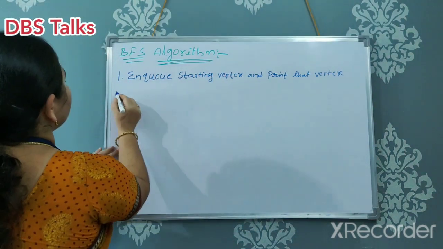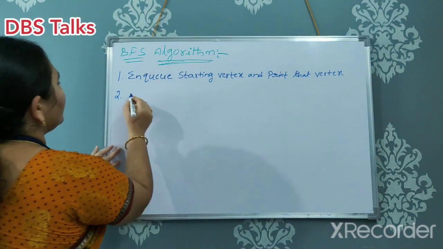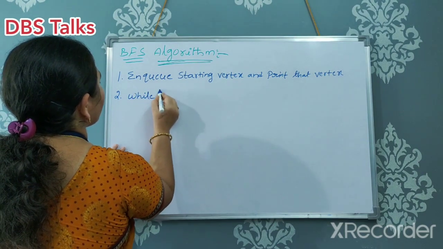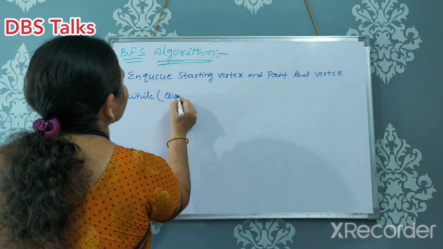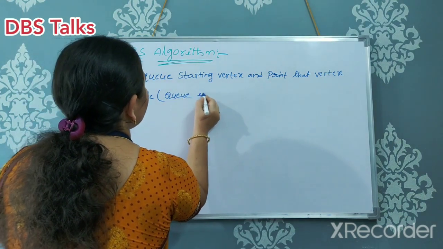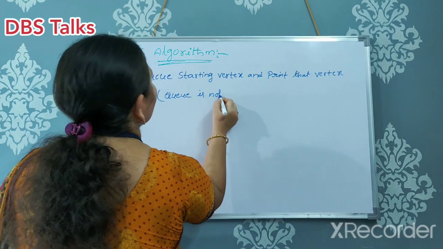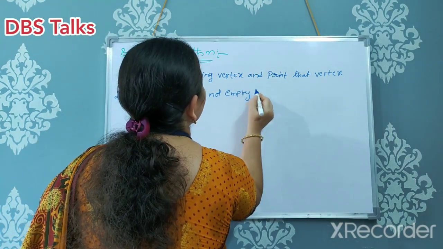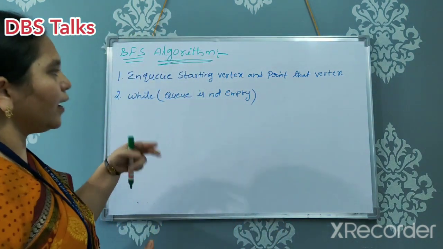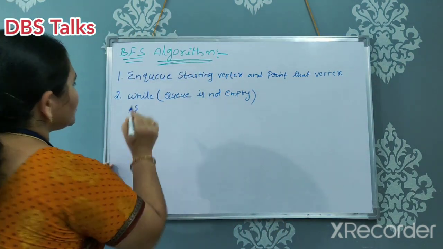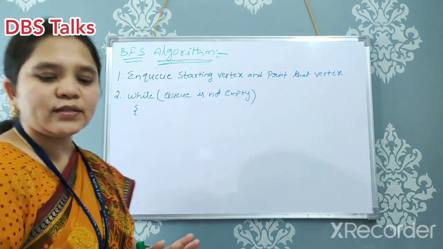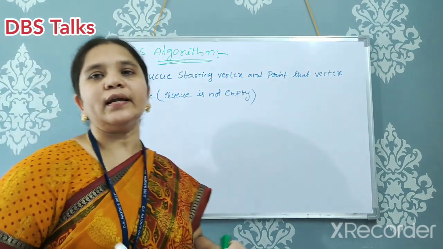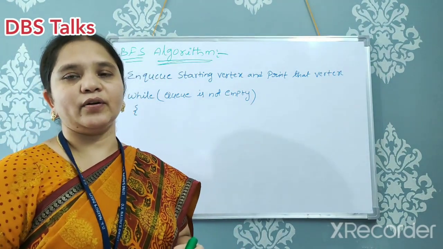The second point: while Q is not empty. When Q is not empty, the first element goes and is inserted in the queue.